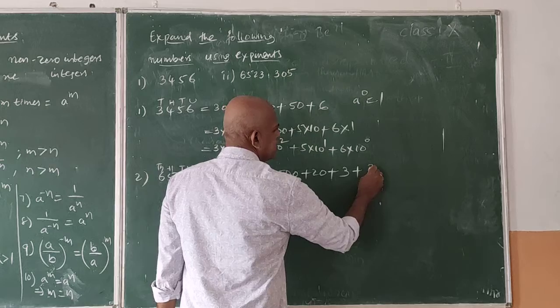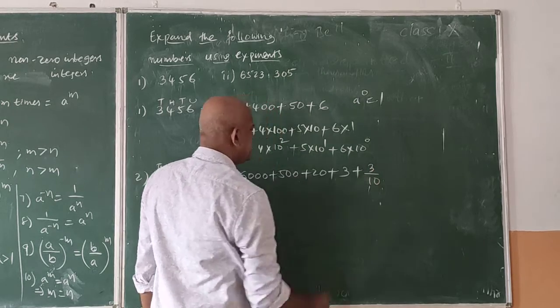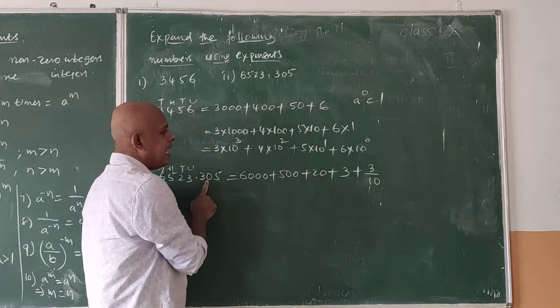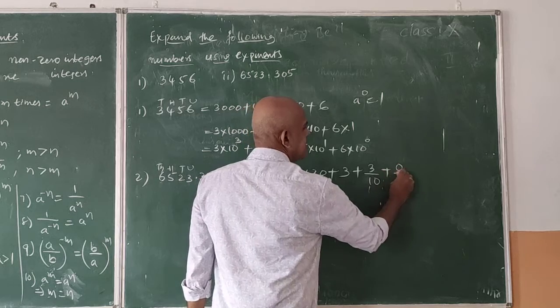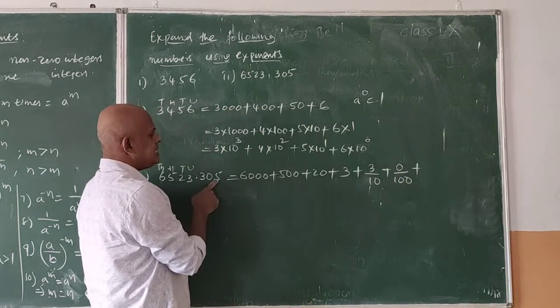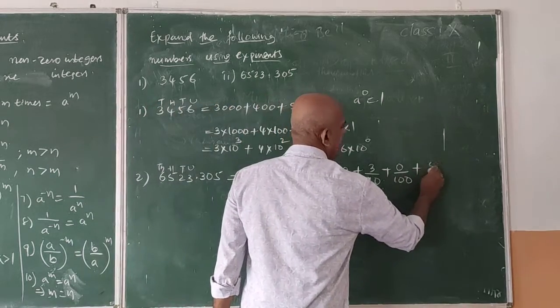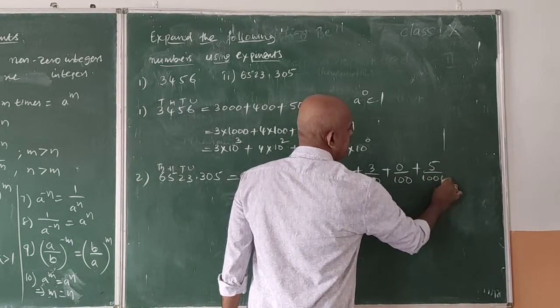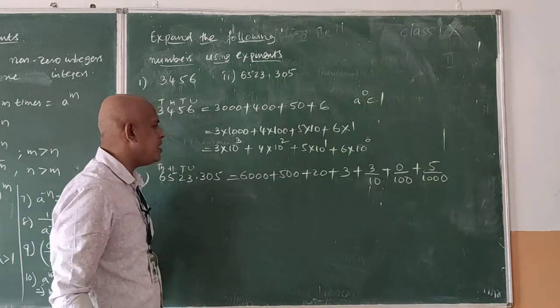This 3 can be written as plus 3 by 10. And 0 is in the hundredths place, so this can be written as 0 by 100. Plus 5 is in the thousandths place, so 5 by 1000. In this way the decimal values can be written.